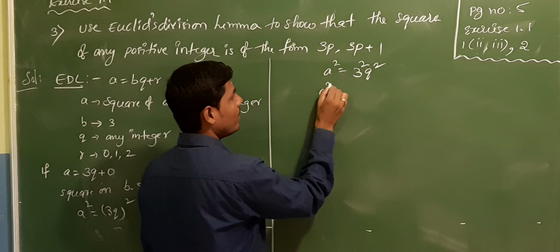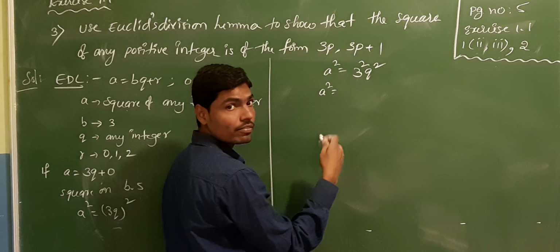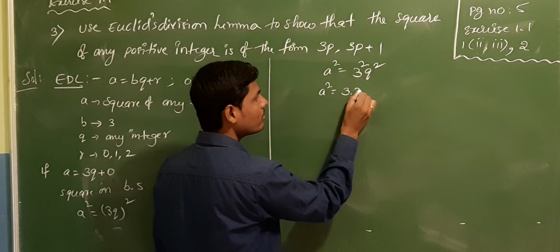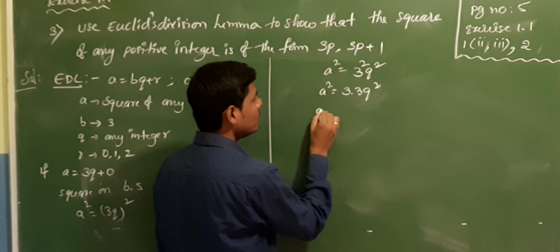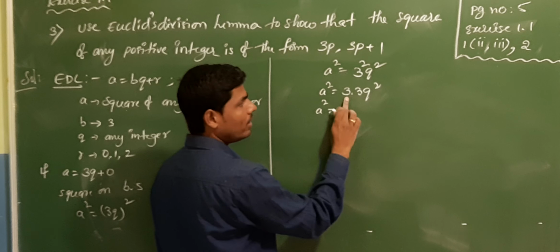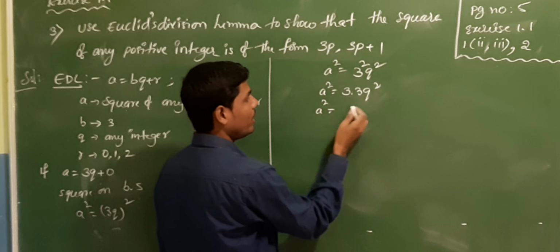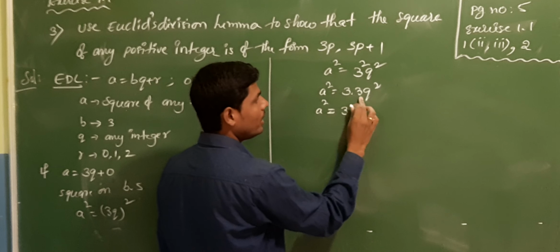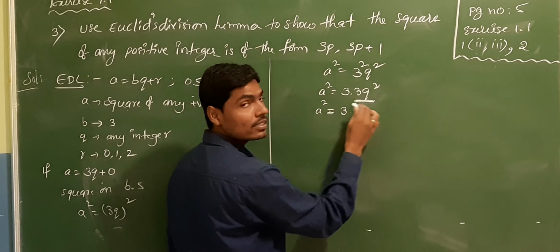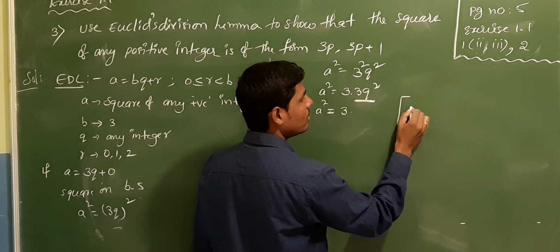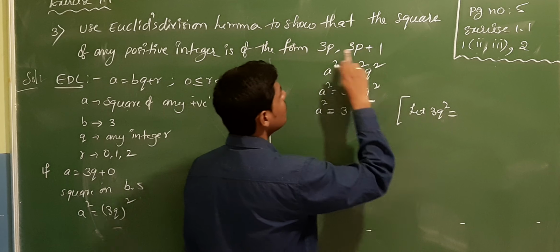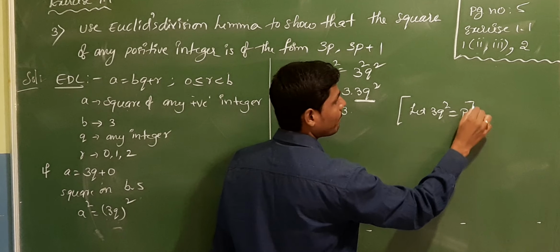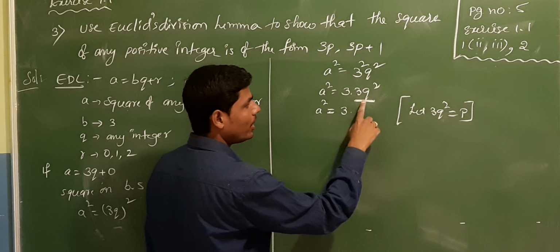We can write 3 into 3 and q square. Now this a square is equal to 3 multiplied by something, 3 into 3q square. Let 3q square be replaced with p. Now in place of 3q square, write p.